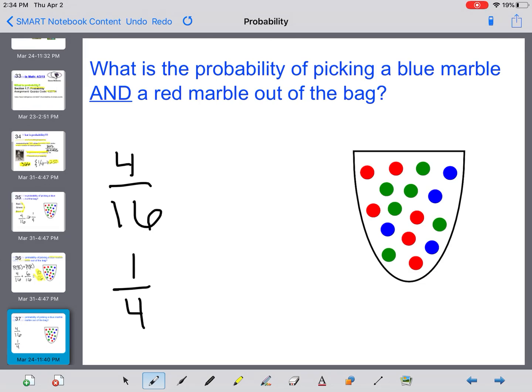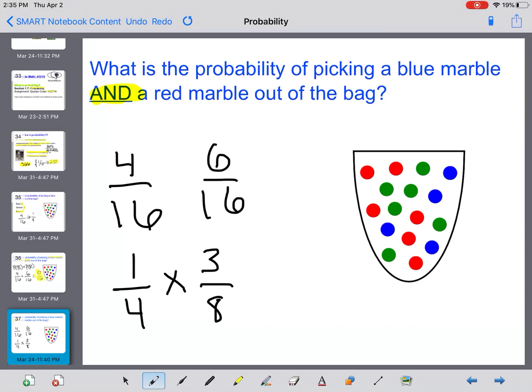And then we also know that the red marble is 6/16, or we could reduce that to 3/8. Well, what we do for this, if we see an "and," we need to find both. So we're kind of finding a part of a part here. So we multiply them.